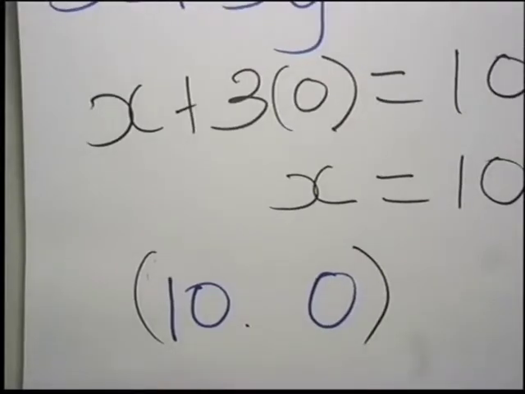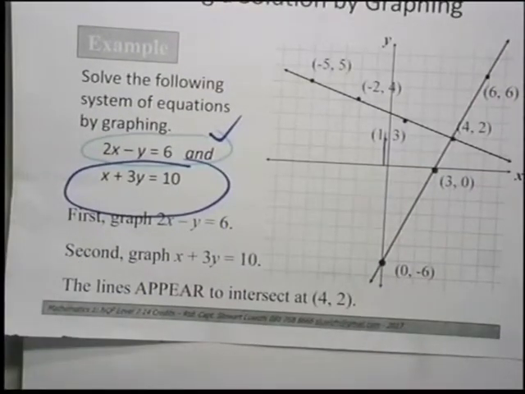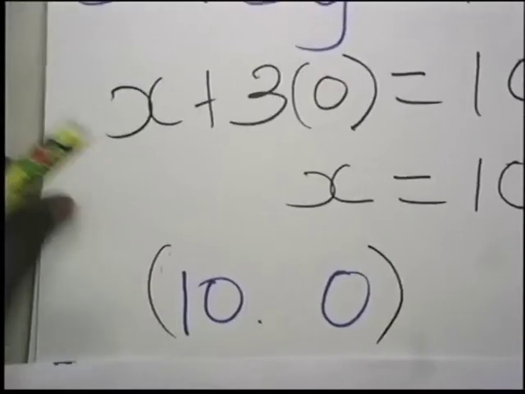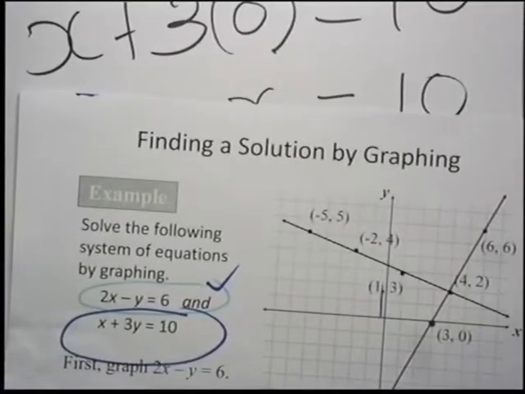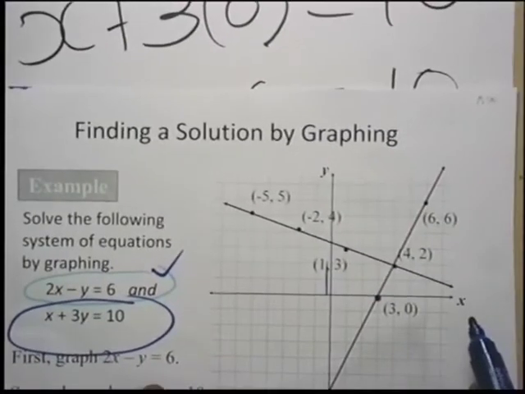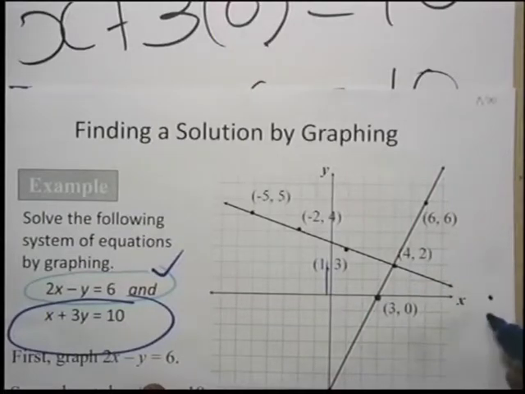Now, we go to our graph. What we'll do, we have said x is 10 when y is 0. Unfortunately, I've got a small graph here, but this line is to meet somewhere where x is 10 and y will be 0 somewhere there.